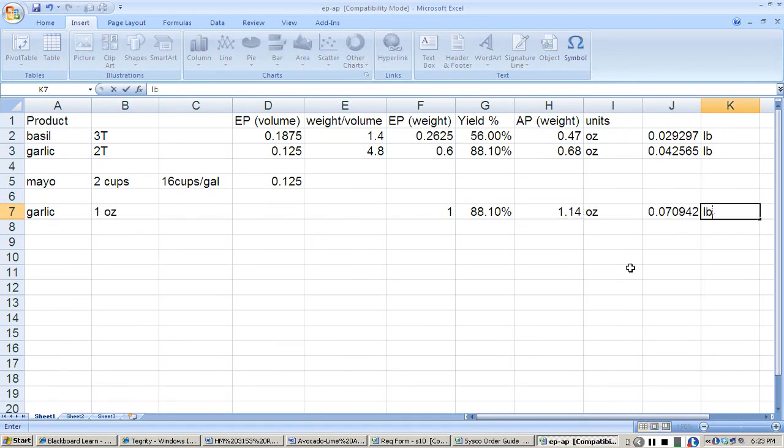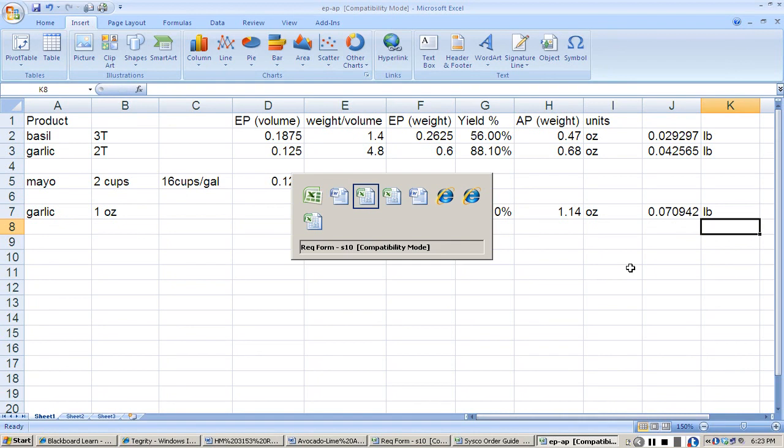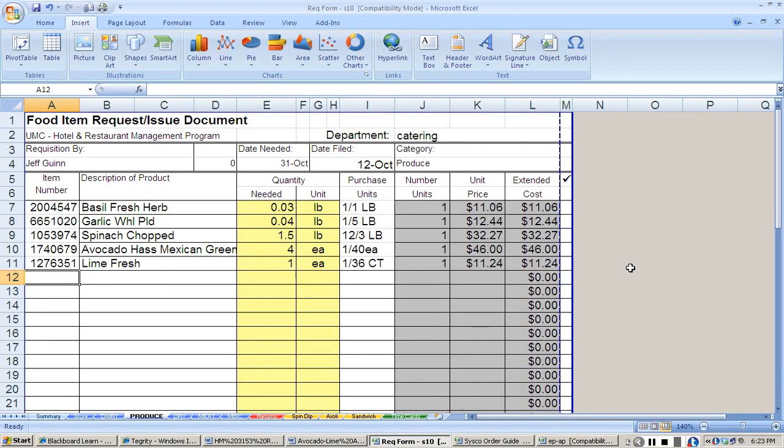So that divided by 16 is 0.07 pounds. Alright, so with garlic, going into a rec form, we only want to put the ingredient in there one time. If I did a whole other line of garlic, I'm going to tell it 1 unit, and my purchaser is just going to put those numbers in, and I'm actually going to get 2 of these 5-pound tubs of garlic when I don't necessarily need them.